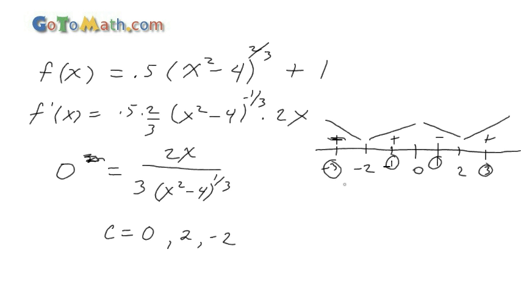Okay, so as you can see, we're going to have at negative 2 a minimum, a maximum at 0, and a minimum at 2, right? And to actually find where these are at, you must plug these numbers in: f of negative 2, f of 0, and f of 2. So plug those in to actually get your maximum values.